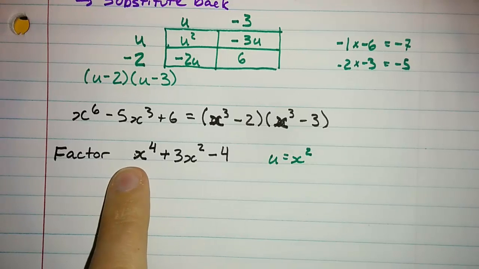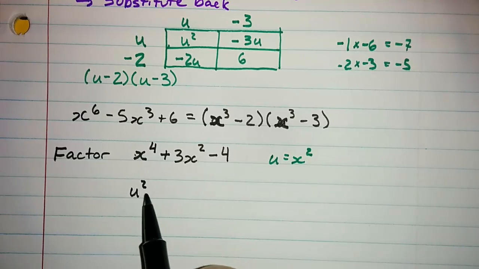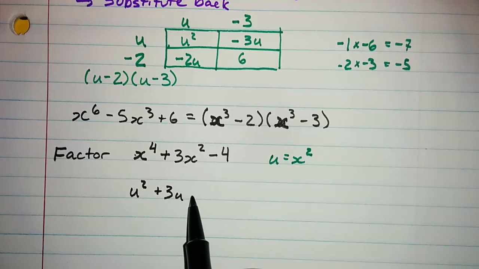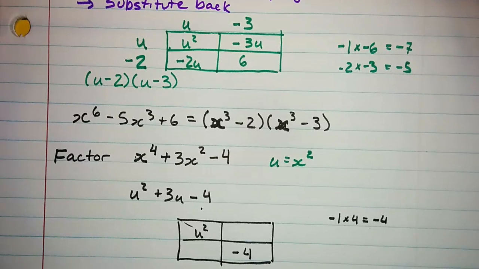Alright, noticing that x to the fourth is x squared squared, we'll have u squared plus 3u minus 4. So we're looking for two numbers whose sum is positive 3 and whose product is negative 4. Oh, and negative 1 times positive 4 does it right away.